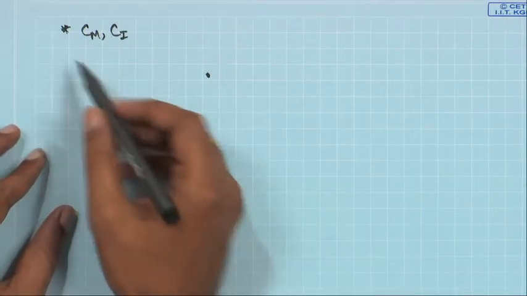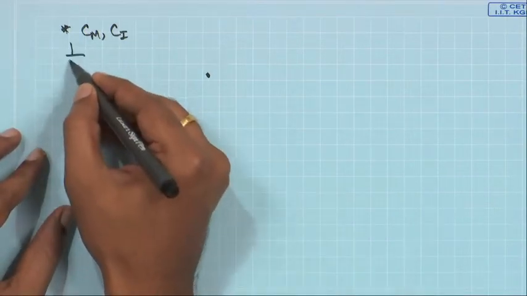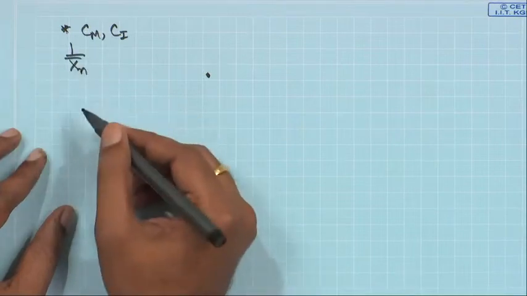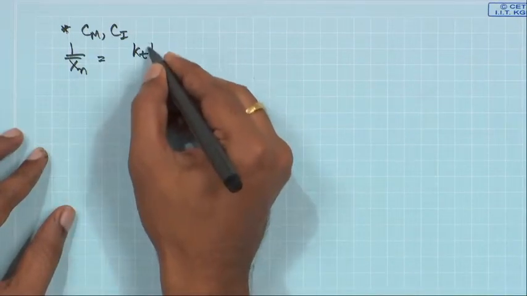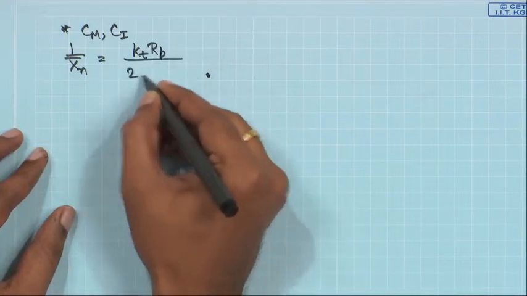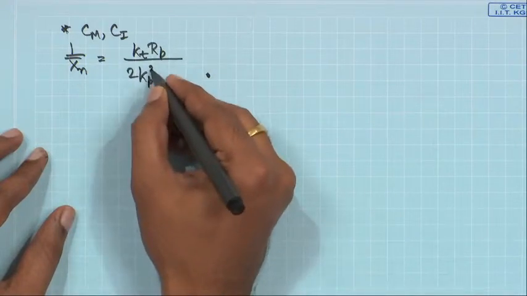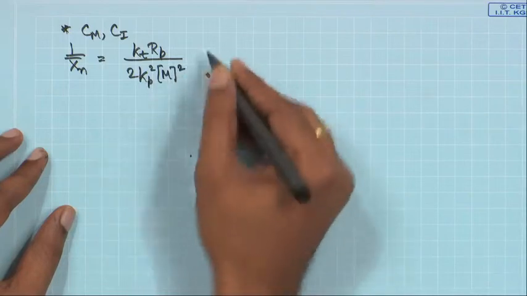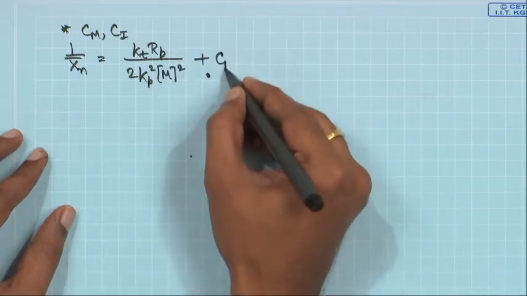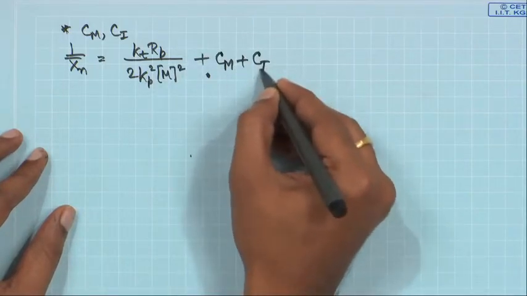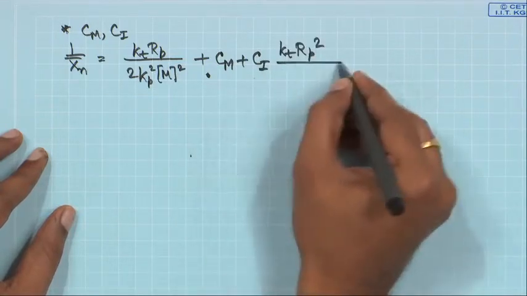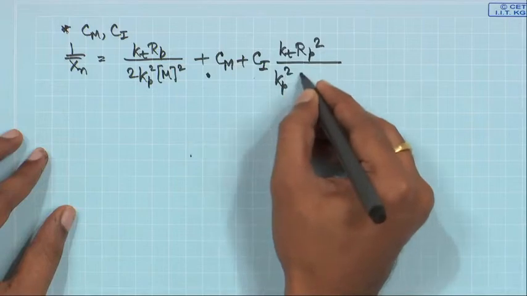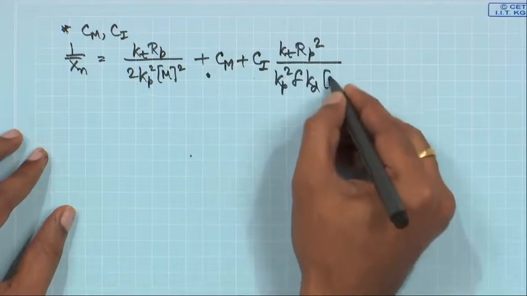So, you have then this expression: 1 divided by xn bar equal to Kt Rp divided by 2 Kp square m square plus Cm plus Ci into Kt Rp square divided by Kp square f Kd m cube.